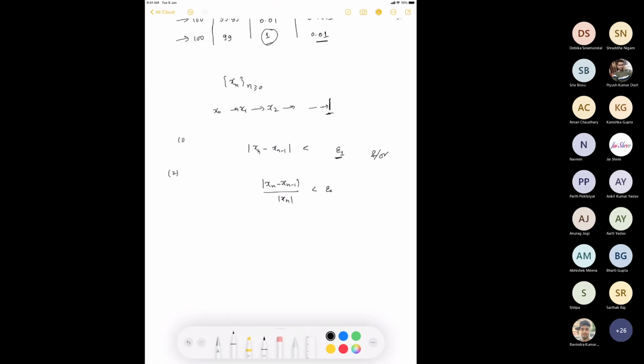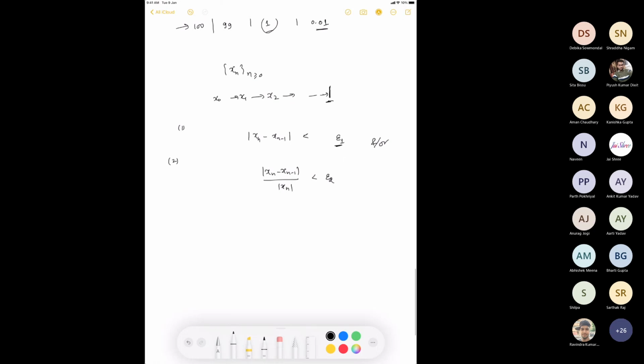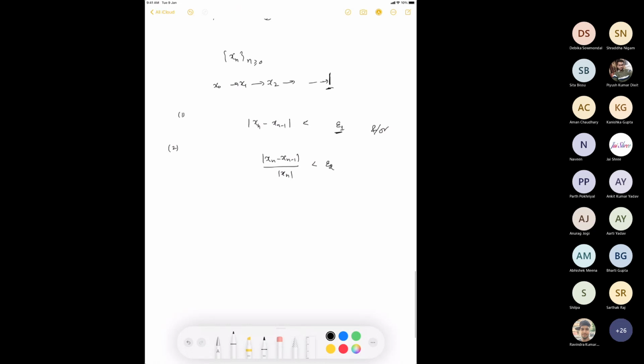This tolerance is again in my hands, so let me call it epsilon 2, okay, and if your xn satisfies this condition, then of course the algorithm will be stopped. Okay, so here let me write that epsilon 1 and epsilon 2 are user defined constants.